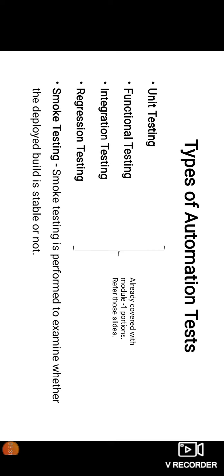testing. Unit testing we have already seen. What is unit testing? Unit testing focuses on testing the smallest unit of the software. Now after all the modules or components of a software have been unit tested, we combine all the unit tested modules and conduct an integration test.